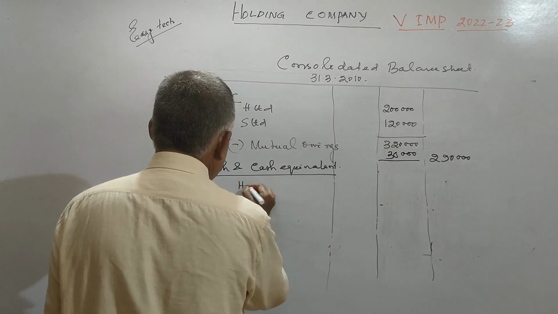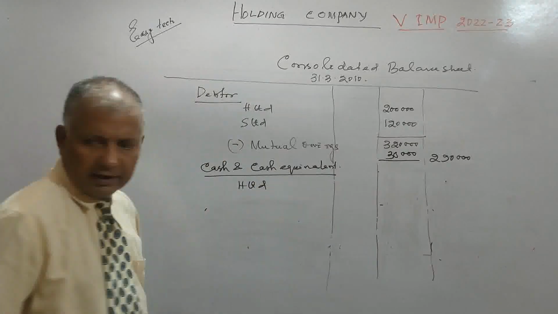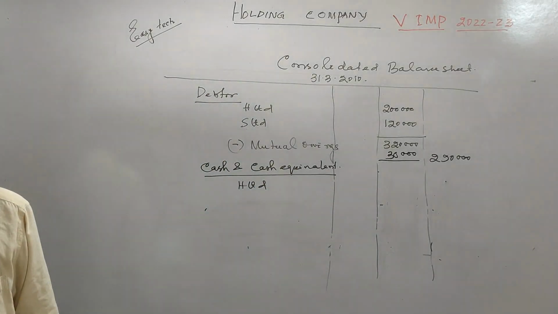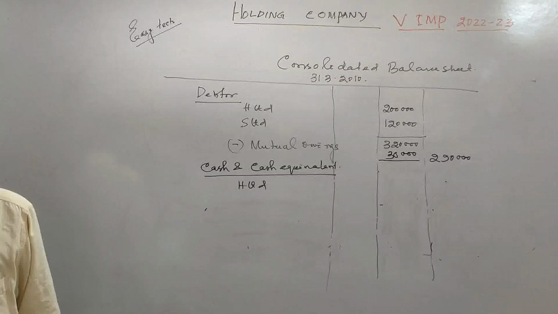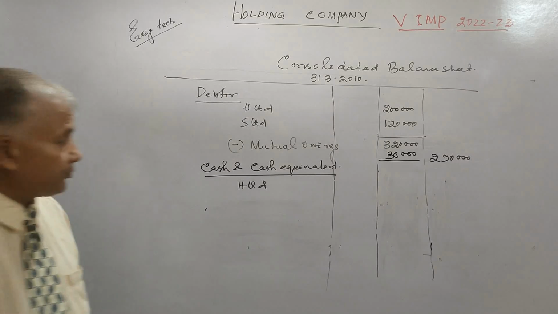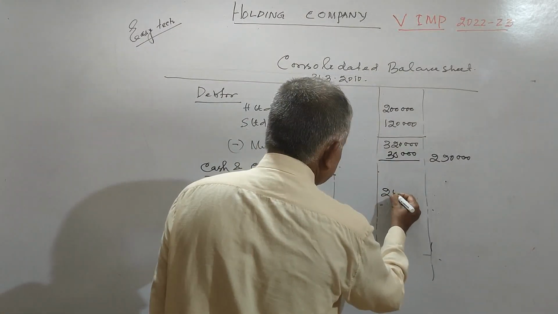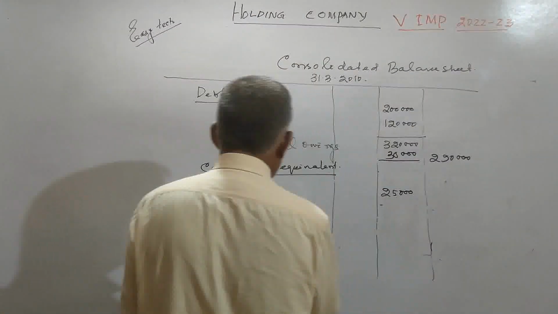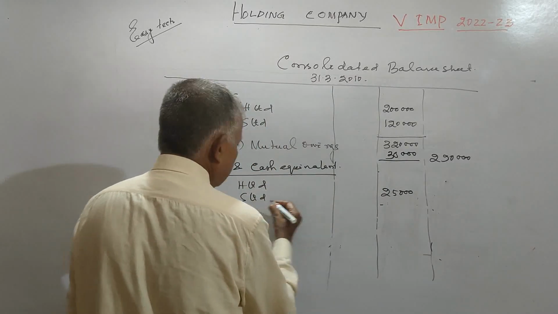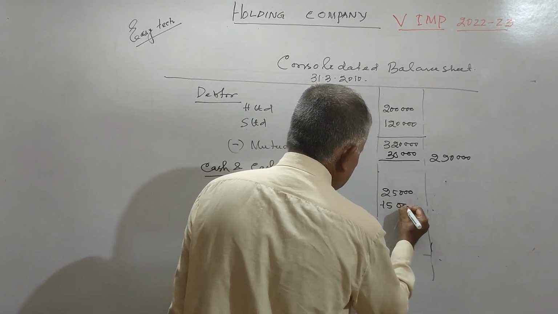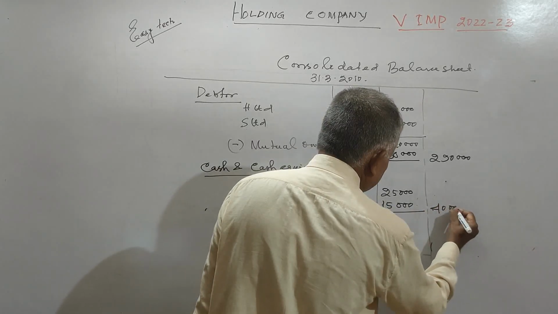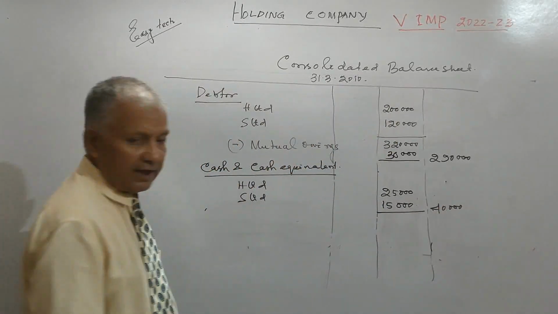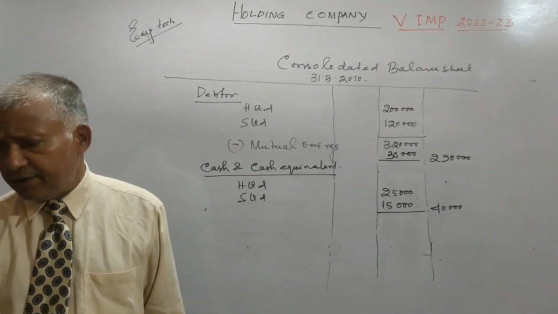H Limited, as per balance sheet, the cash is 25,000. S Limited, it is 15,000. Total 40,000. This is your cash and cash equivalent.